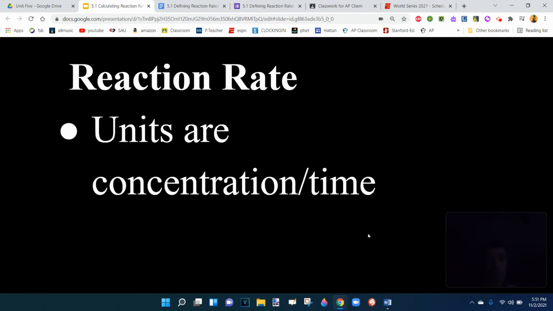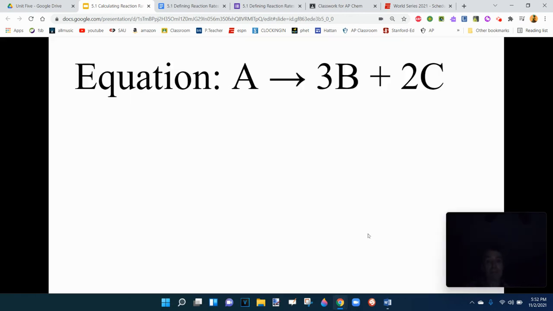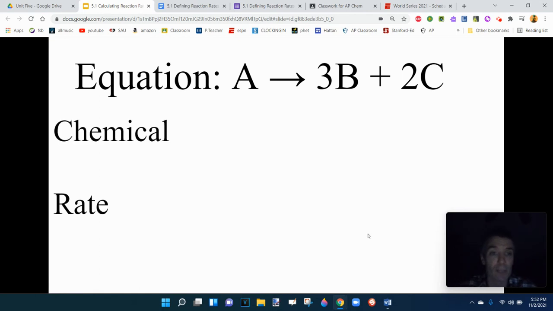These are its units. You want some sort of concentration, often molarity divided by time. And we're going to keep it positive, as it says. In general, it may be understood that something's going to be disappearing, but it's still going to be a positive value typically.